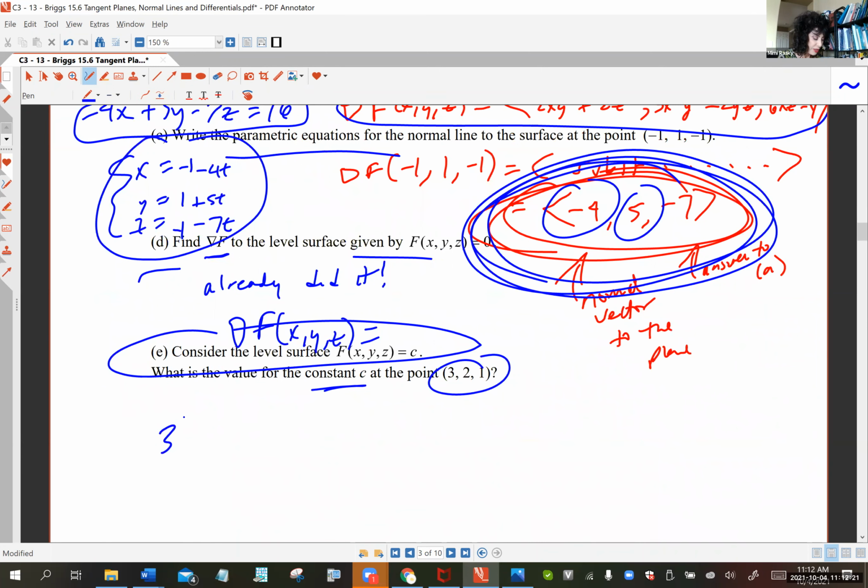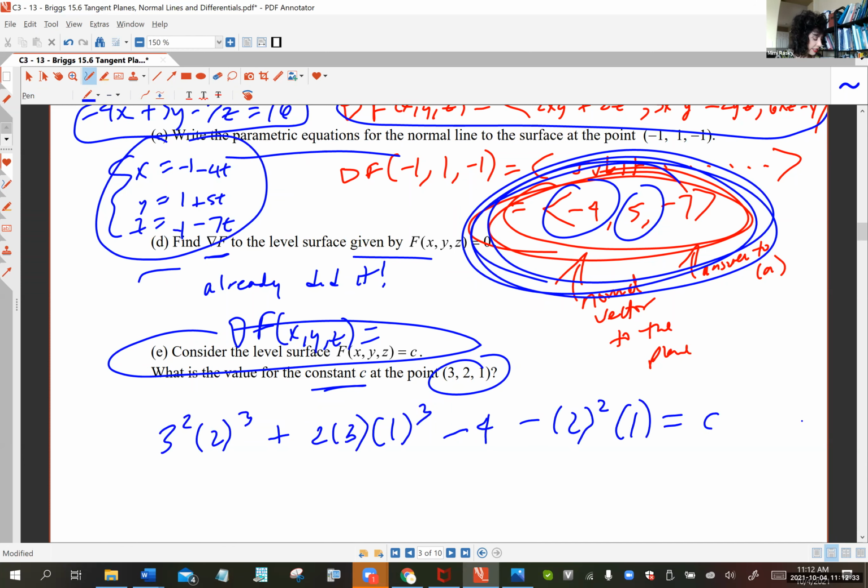So you're going to have 3 squared 2 cubed plus 2 times 3 times 1 cubed minus 4 minus 2 squared 1 equals some constant, and I get the constant is 72. So that would be some other level surface. Okay. That concludes this example.